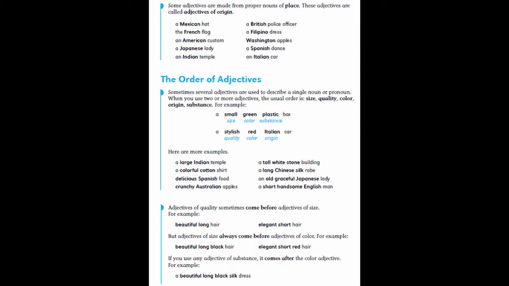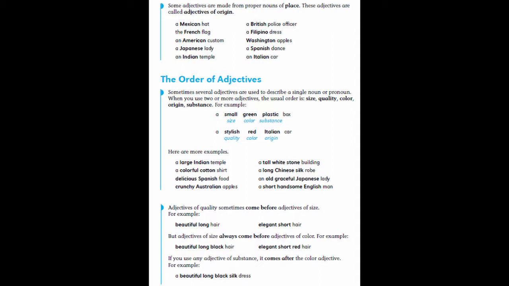But when we say beautiful long hair, now I'm describing that his long hair is beautiful. I can't say long, beautiful hair because what am I saying? Like beautiful hair is long. But if I say beautiful long hair, it means I'm telling him his long hair is beautiful. All right. Elegant short hair, same thing.